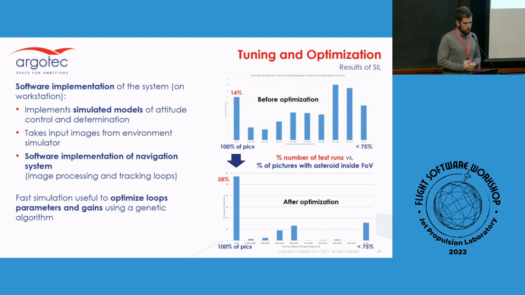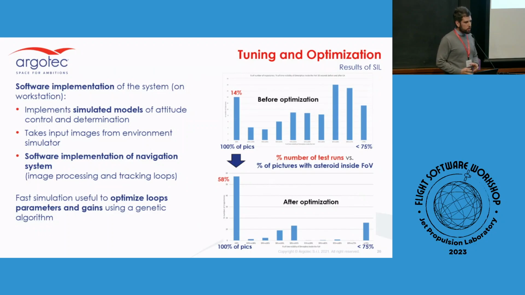The first one is that on a nominal trajectory, we had to have pictures for 98% of the flyby. And over that, in non-nominal conditions, we had to show by analysis that the system would have been able, in 75% of the possible trajectories, to have the targets in the pictures for at least 75% of the time.